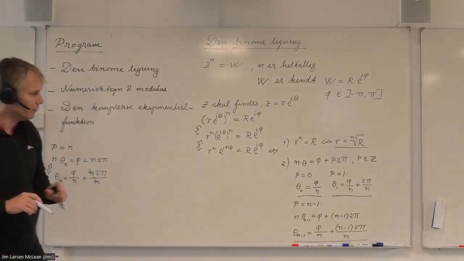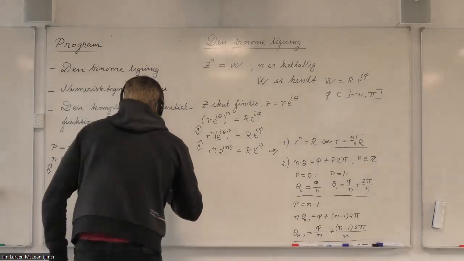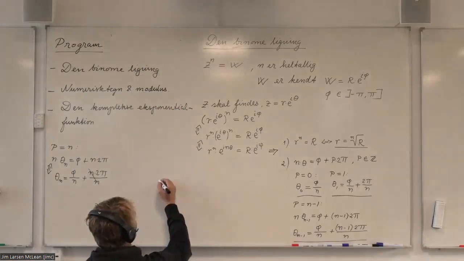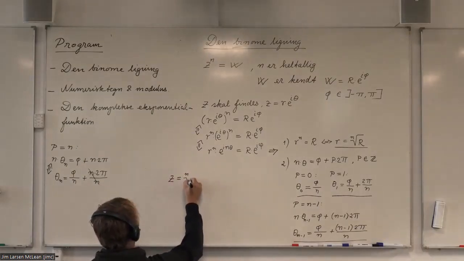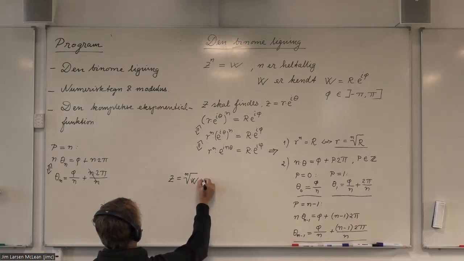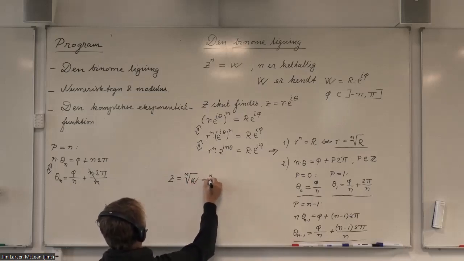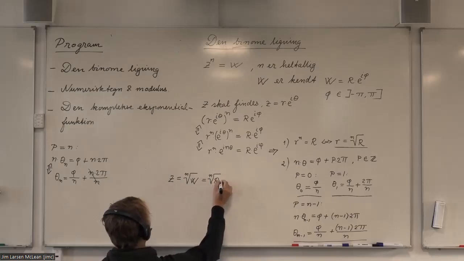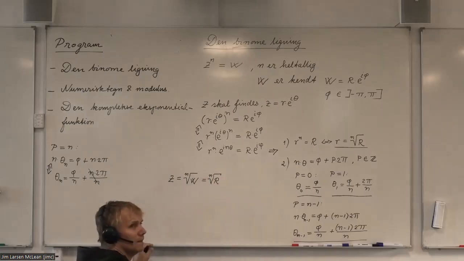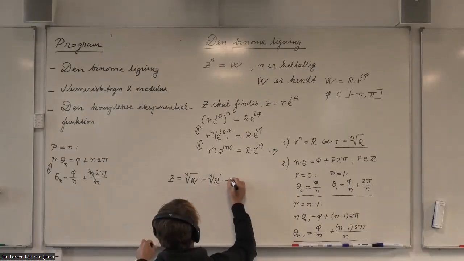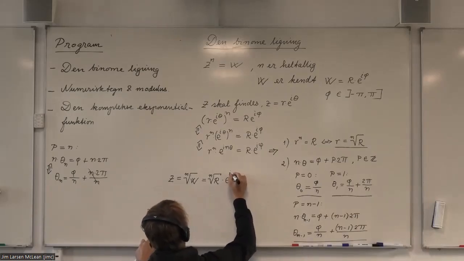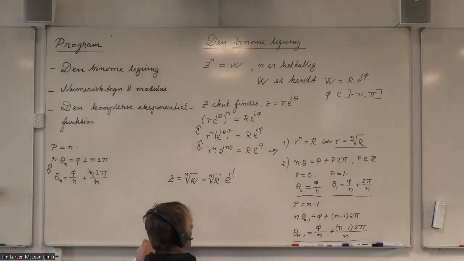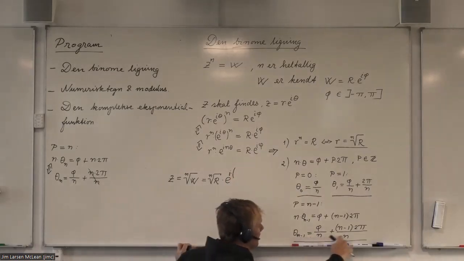But now we have the solution. The solution looks like this. What do all the nth roots of w look like? Well, they look like this. You find the nth roots of w by taking the nth root of R, which was the modulus of w, and then you multiply it by Euler's number, raised to the power of i times the angle here.